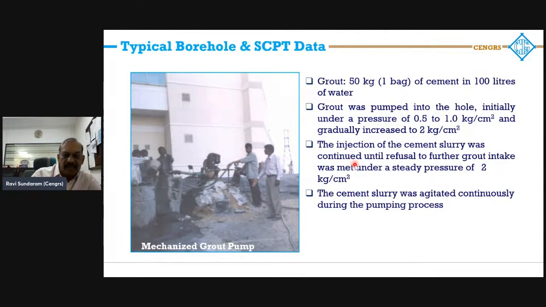The injection of the cement slurry was continued till refusal to further grout intake was met under a steady pressure of 2 kg per centimeter square. The cement slurry was agitated continuously during the pumping process so that the cement does not set in the pump itself.